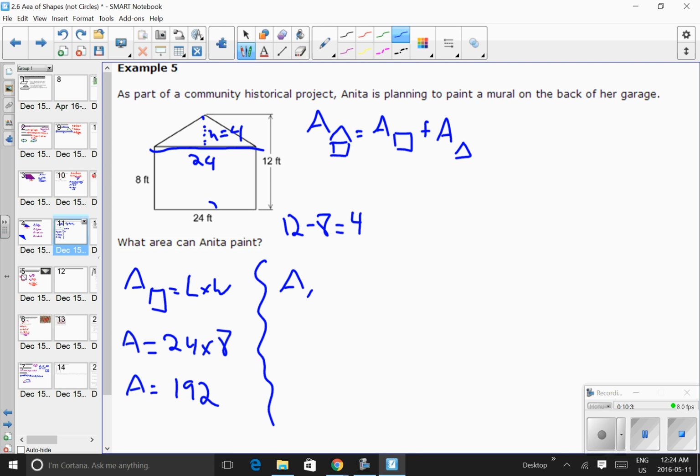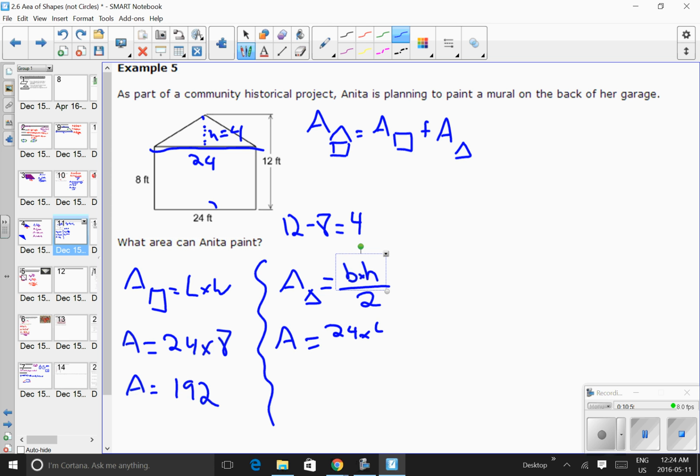So the area of a triangle, I want to use the formula we don't always use, base times height and divide by 2. You can use the decimal one, whatever formula you want, as long as it's the right one for a triangle. So my base was 24.